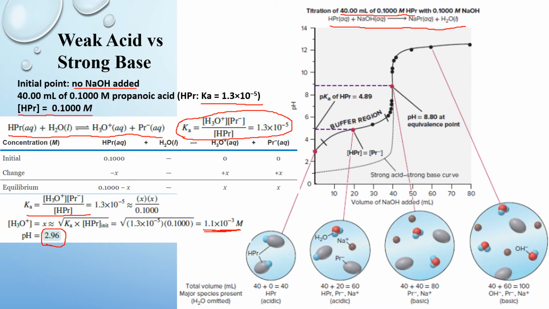That means at the initial concentration of 0.1 molar of this weak acid, the pH is equal to 2.96. If we zoom in, we see mostly the acid molecule with a tiny amount of proton and its conjugate base, and of course water.